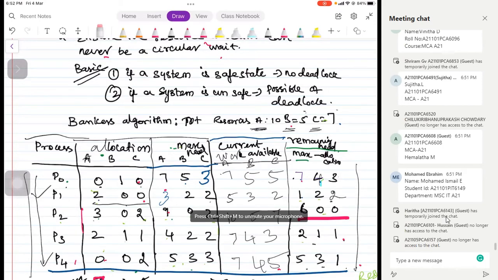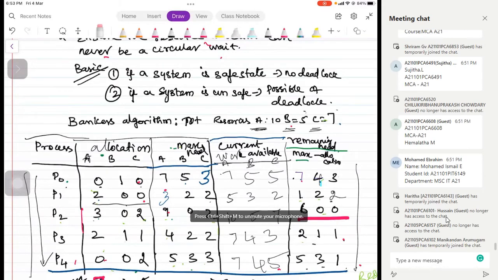ABCங்கிற 3 ரிசோர்சஸுமே தேவைப்படுது அந்த 5 ப்ராசஸ்க்குமே. ஆனா ஒவ்வொன்றுக்குமே டிஃப்ரெண்டா நம்பர்ஸ் தேவைப்படுது. இப்போ for example ப்ராசஸ் P0-ல 7 for A, 5 for B, 3 for C, இந்த மாதிரி requirements தேவைப்படுது.